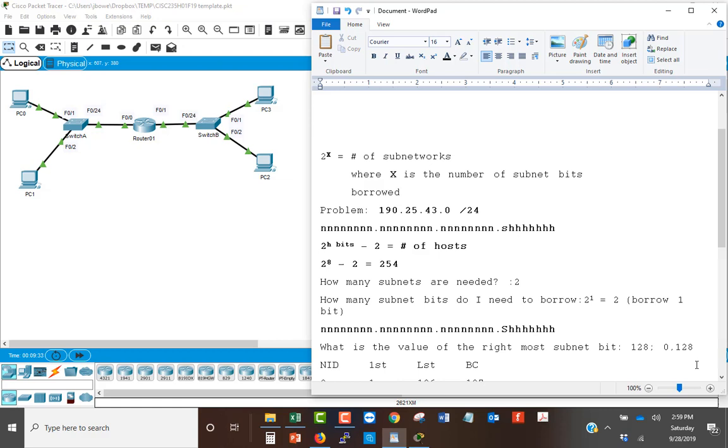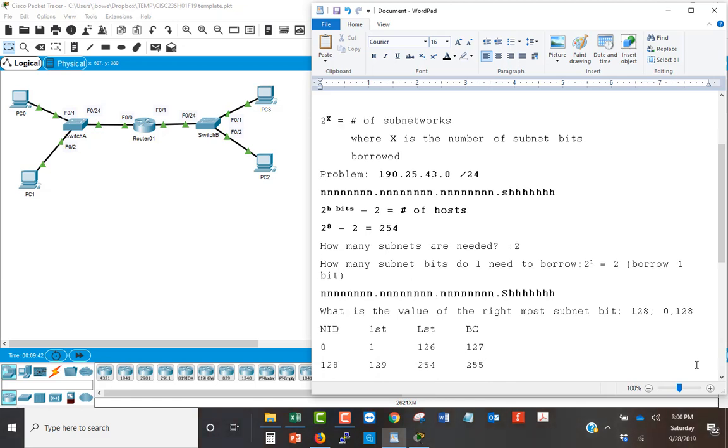If we use our standard table calculating our network IDs, our first, last, and broadcast addresses, this is what we come out with: 0 and 128 for the network IDs, and then the appropriate first of 1, and then 126 for the last, 127 for the broadcast, 129 for the first of the second block, and 254 for the last, and then finally for the broadcast, 255.